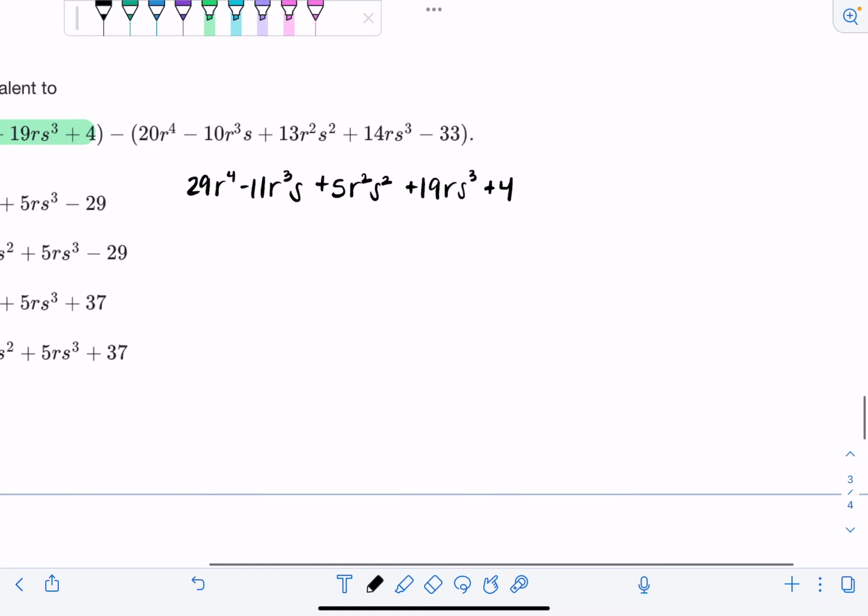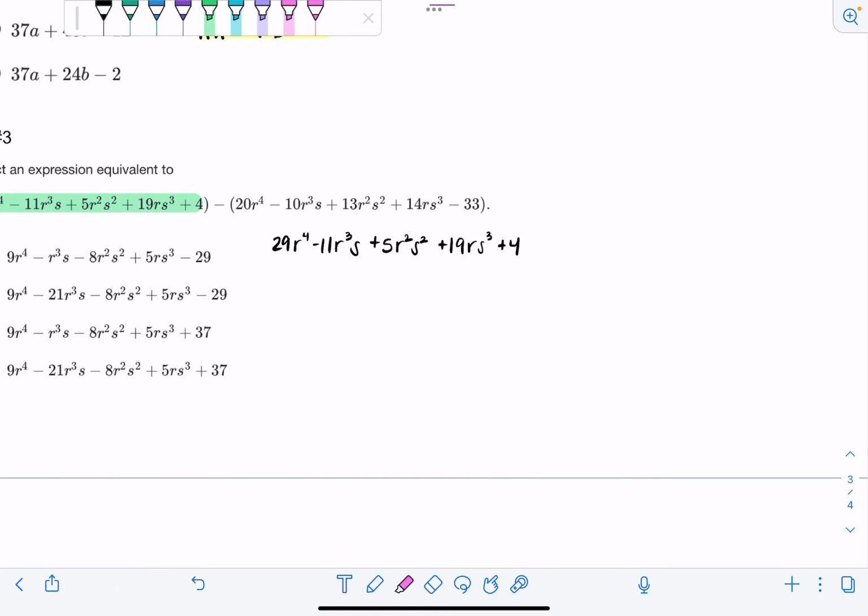And then the second step is to think of this as a negative 1 and distribute that negative 1 to everything in the second parentheses, changing its signs. So negative 1 times 20r to the 4th, that'd be negative 20r to the 4th.